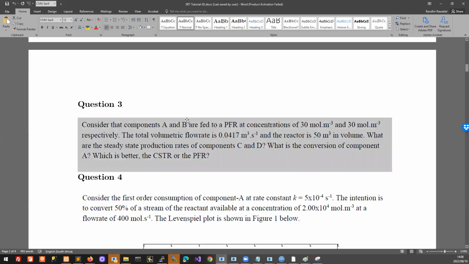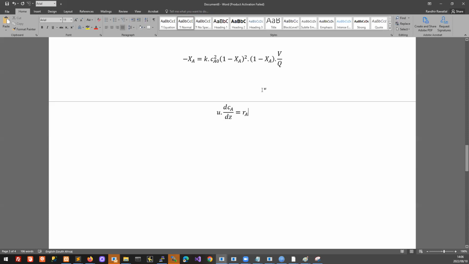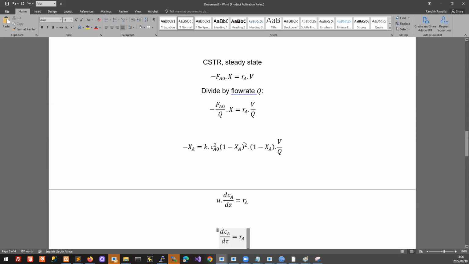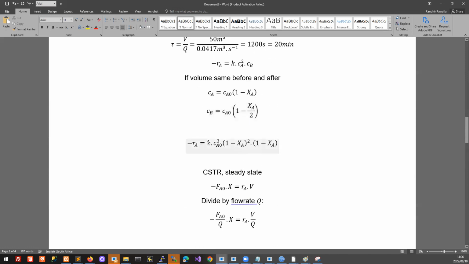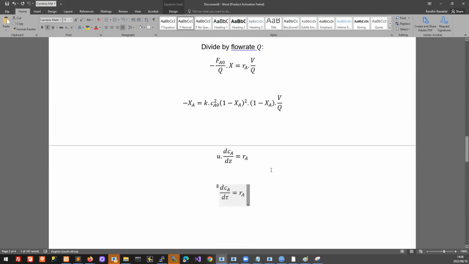Let's see. In fact, there was no real point to changing the variables because we are given volumes and flow rates. So we may as well stick with this. Okay, so for this equation, we just need to substitute for our rate expression here. And the CA can be written in terms of our initial amount. So we're going to write here minus CA naught and XA.